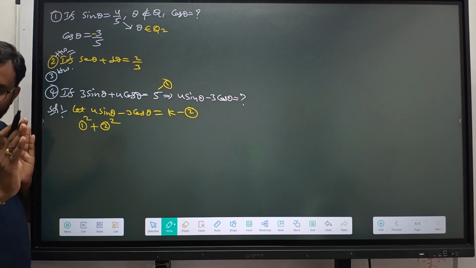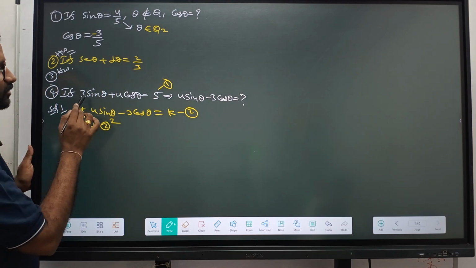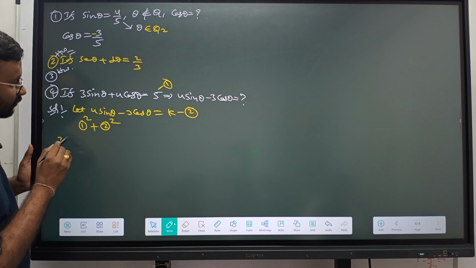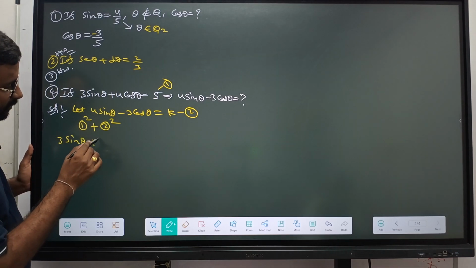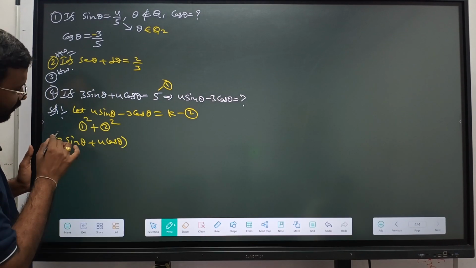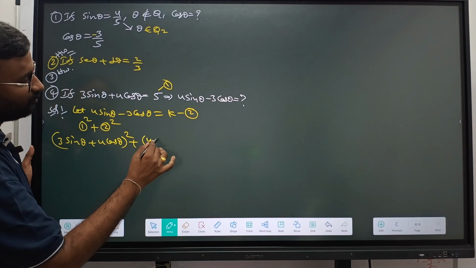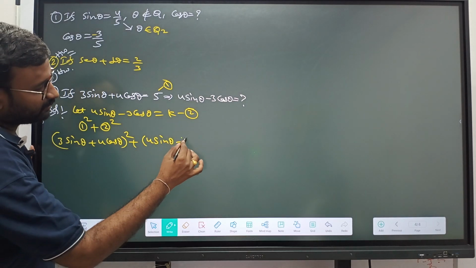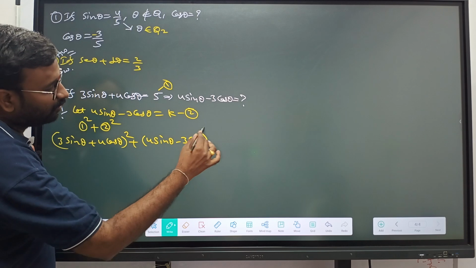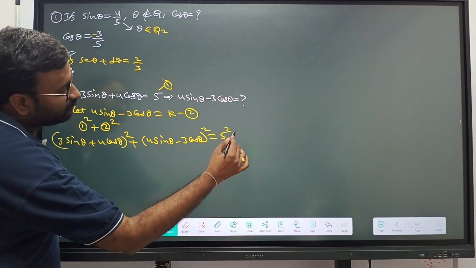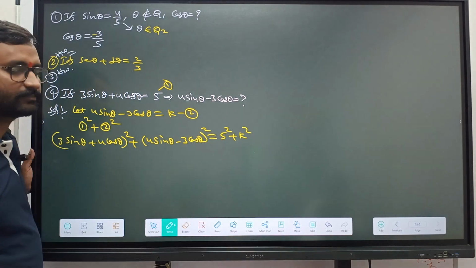LHS will add, RHS will add. Now LHS, this plus this whole square, right? 3 sin theta plus 4 cos theta whole square plus 4 sin theta minus 3 cos theta whole square is equal to 5 square plus k square.